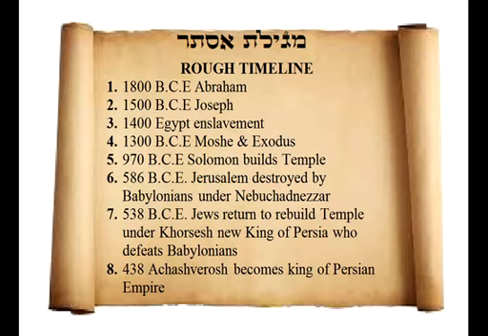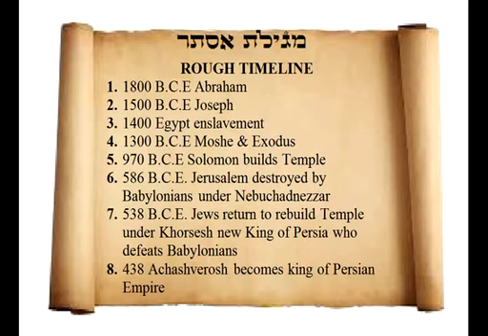This is approximately 1300 BCE, or let's roughly say 3300 years ago, and he leads the Jewish people out of Egypt in the Exodus. Next, we have the period of the judges. Then we have the period of the kings, where one of the high points is when, after Saul and David, Solomon, Shlomo, builds the temple in approximately 970 BCE.